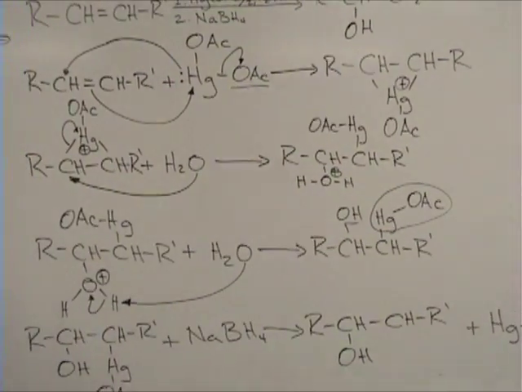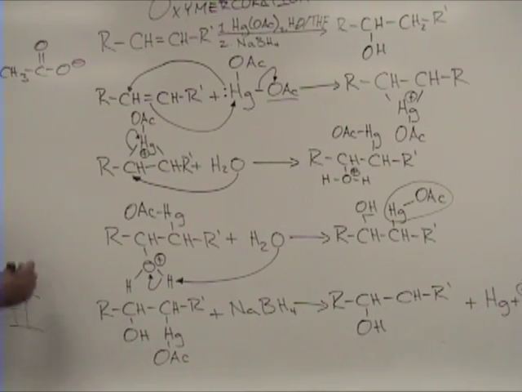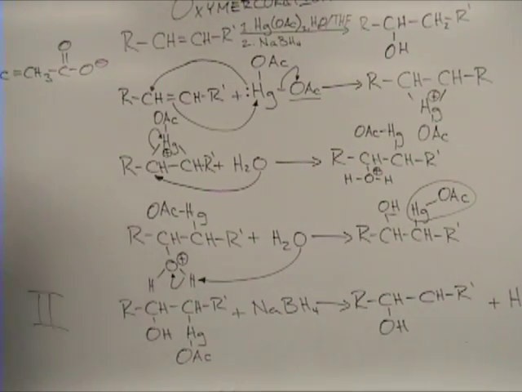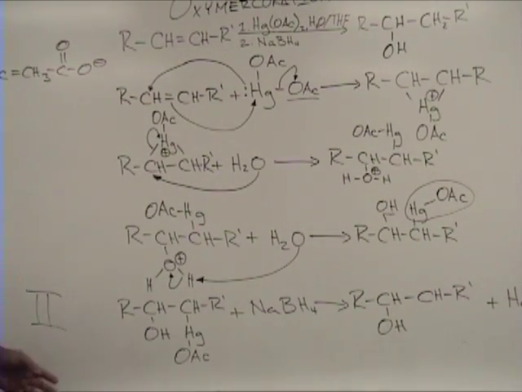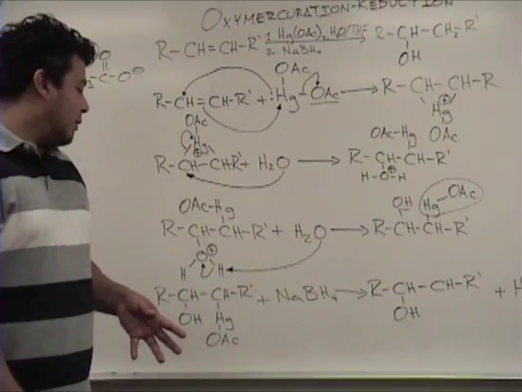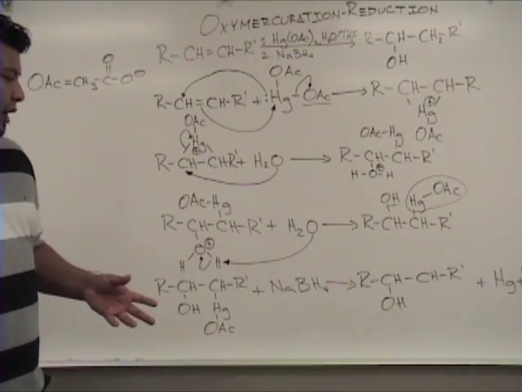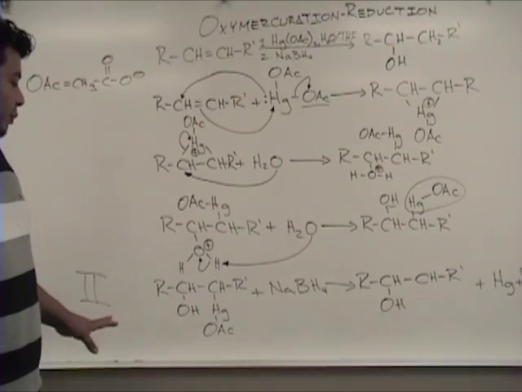So this is the second part of the mechanism. This is when we add the NaBH4. What happens is that we don't really understand this mechanism up till now. They're still working on figuring it out. But this is the reduction part.